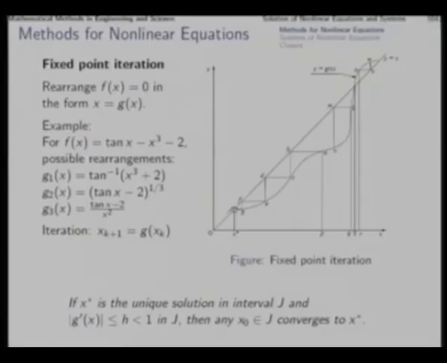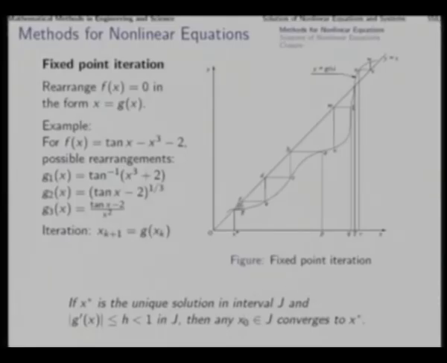So, if you analyze the situation, you will find that if there is an interval bracketed situation in which there is a unique solution x star, and apart from that, if the reorganization has been done in such a manner that g prime has an absolute value which is less than 1 in that interval, then any point started with in that interval will converge to x star.